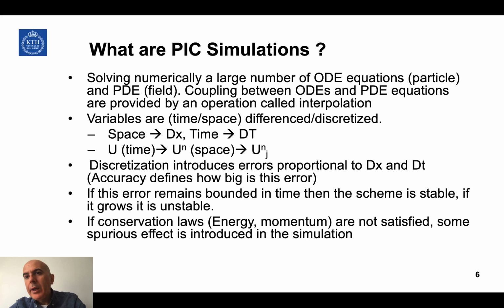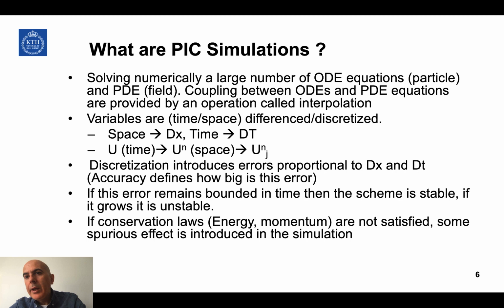If the error increases exponentially, that means that the scheme is unstable. It might be that we are using a certain setup, so for instance we choose a time step for which the numerical scheme becomes unstable. So we need to be careful when setting up the parameters of our simulation.